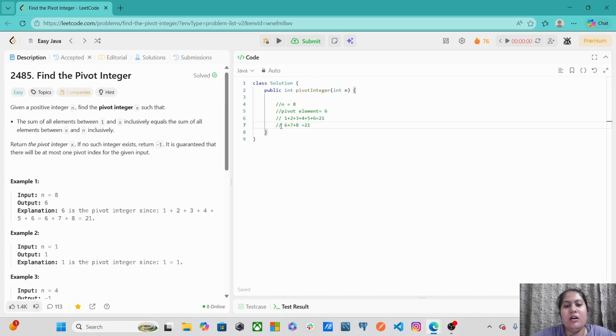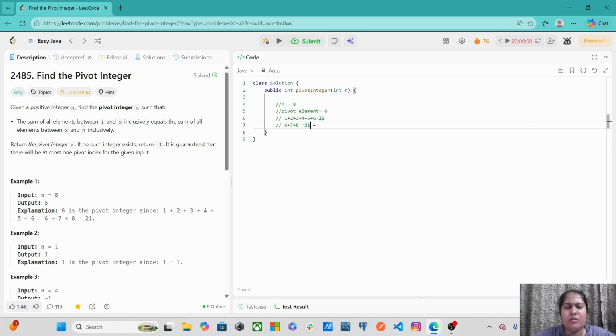Guys, how could we solve this problem in the most optimal manner? Think about it. First, there is something which is known as the two-pointer approach.